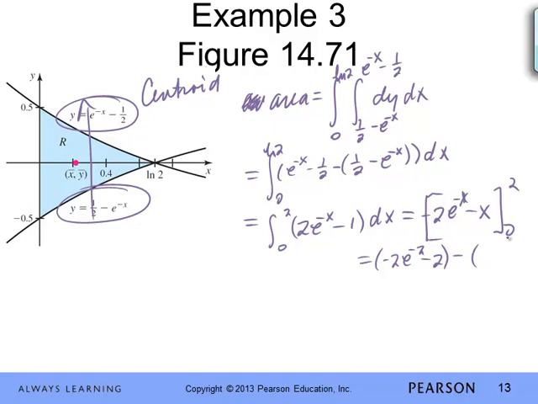When you plug in 0, you get just negative 2, huh? Now, I think the 2's cancel, don't they? Leaving you just with what? Well, you get negative 2 minus negative 2. So I'm off by a negative sign. What does that work out to be?